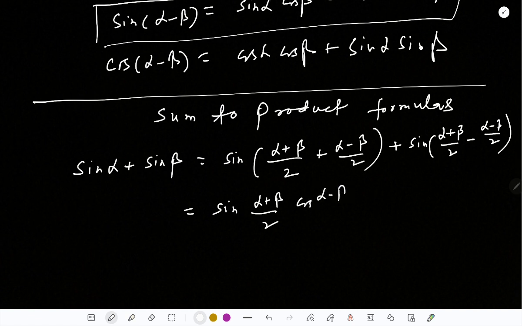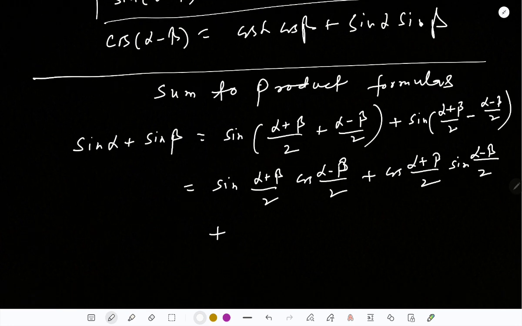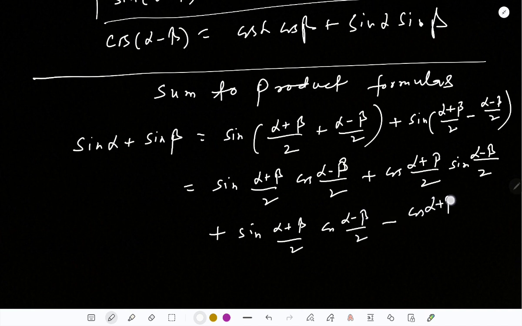You can write sine alpha plus beta by 2 cos alpha minus beta by 2 plus cos alpha plus beta by 2 and sine alpha minus beta by 2. And the second term, again: sine alpha plus beta by 2 cos alpha minus beta by 2 minus cos alpha plus beta by 2 and sine alpha minus beta by 2.